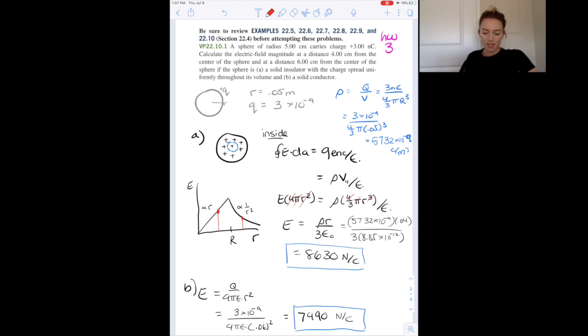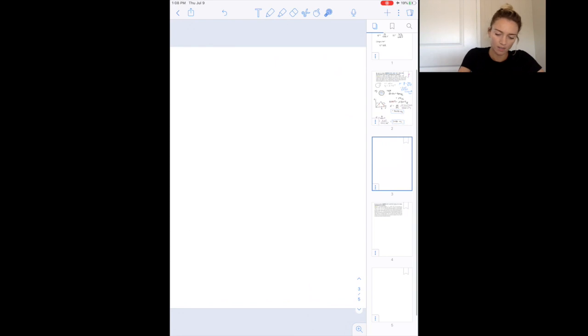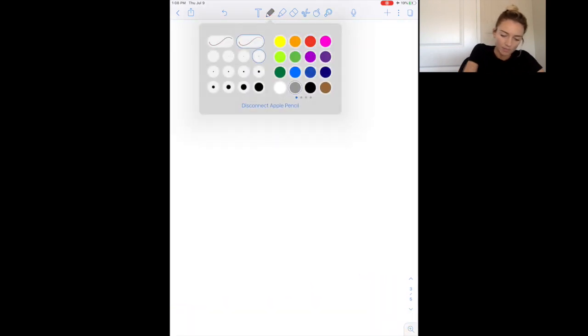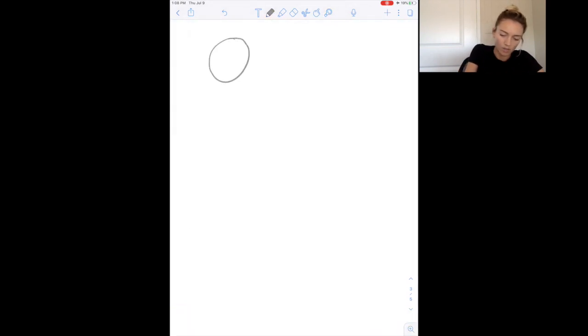So this is if it's an insulating solid sphere with the charge spread evenly throughout. Now, if it was a solid conductor, how would this change? Well, if it was a solid conductor, we know right away that this part, whoops, this was not actually part B. So if it was a solid conductor, we know that all of the charge would be on the outside, and it would be uniform.